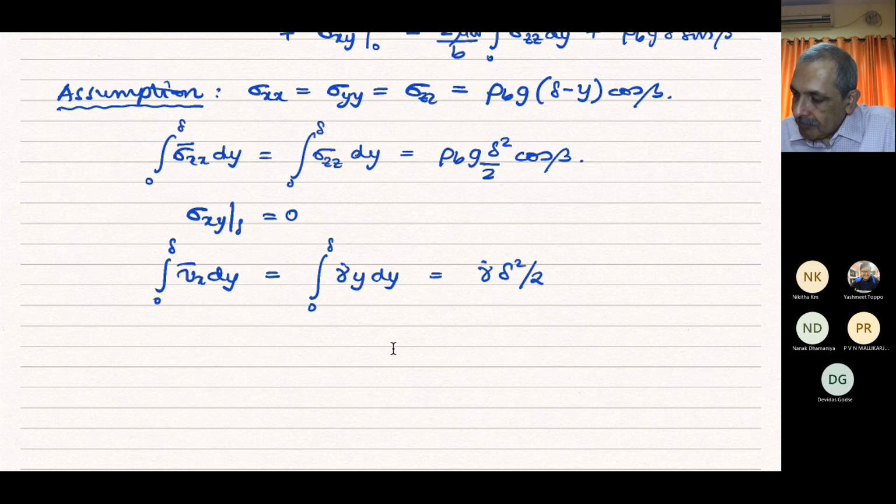And if you want to write it in terms of u, then we know that gamma dot is just equal to 2u by delta. So then you just get Vx average is just equal to u times delta.